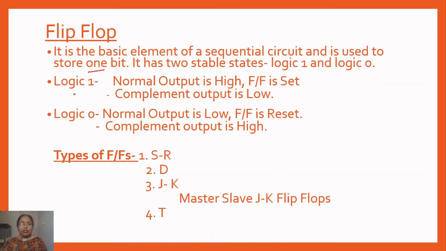Logic 1 means that when the normal output is high, the state of the flip-flop is at logic 1, and the flip-flop is said to be set, and in that case the complemented output is low. As the name suggests, it is the complement of the normal output. So whatever the normal output is, the other output will be the complement of that.